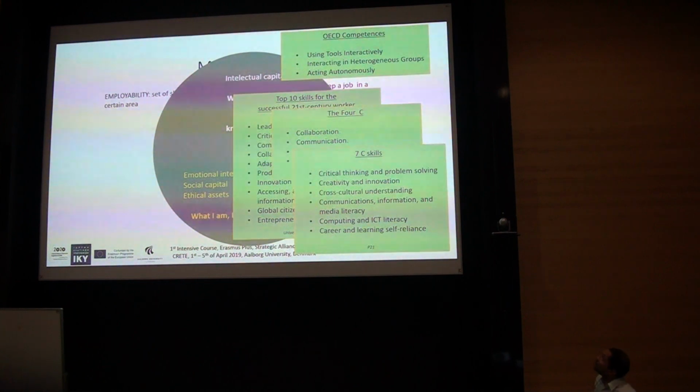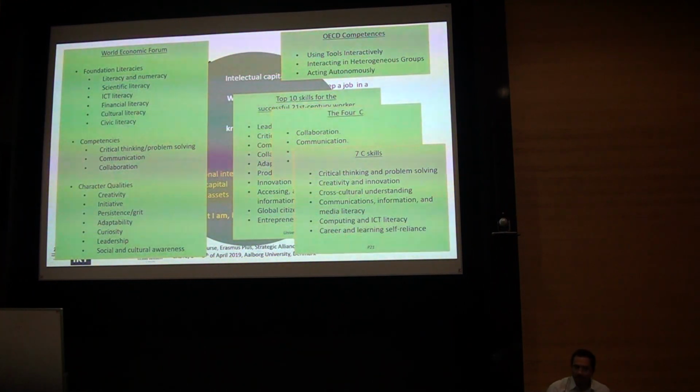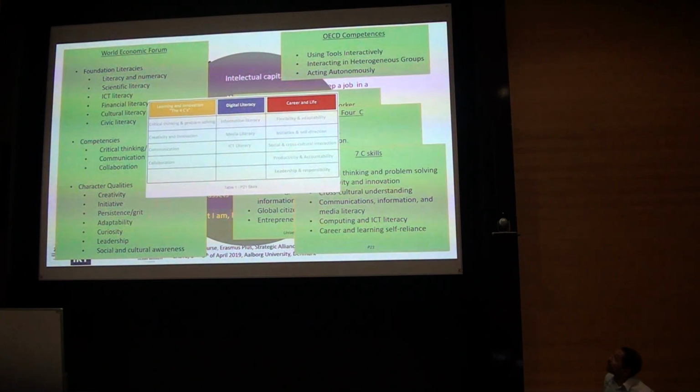OECD also identified 3 skills that can be similar to the ones from the 4 C's, and there is also a study from the European Commission that had a big impact, classifying competencies in 3 main areas: the foundational literacies, competencies, and character qualities. But in the end, it can all be seen here, and you have the 4 C's over there: critical thinking, creativity, communication, and collaboration. Okay, those are the main topics.